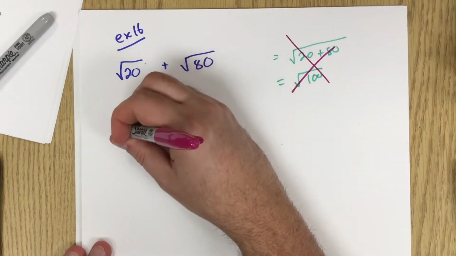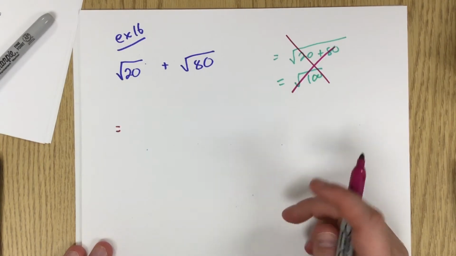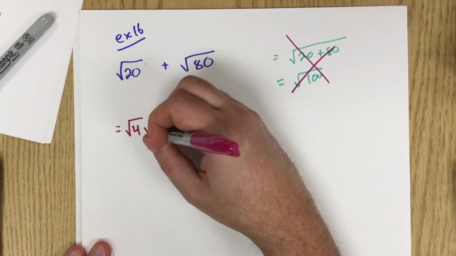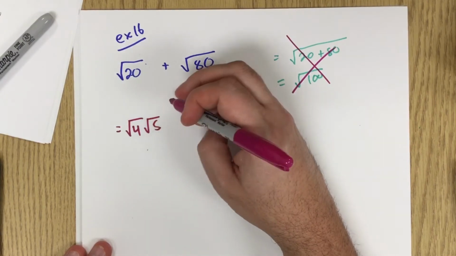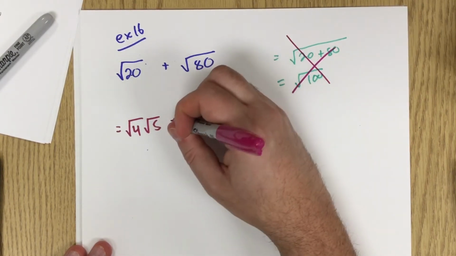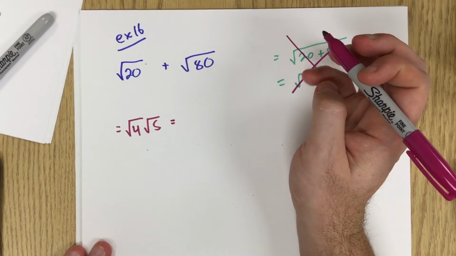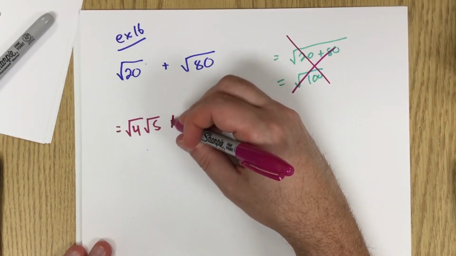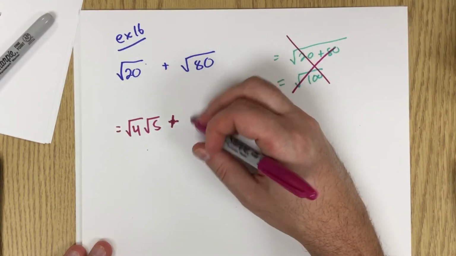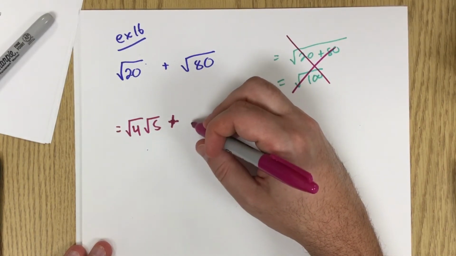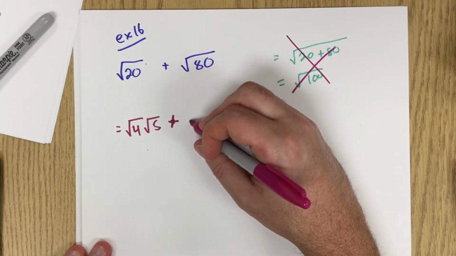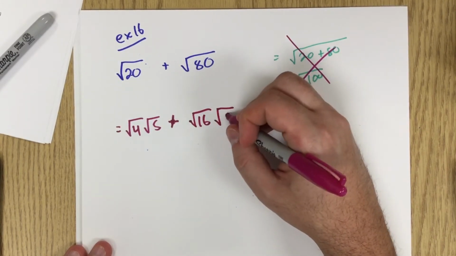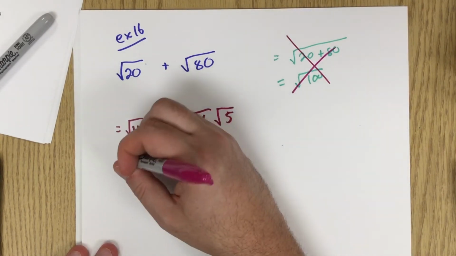We can do something though. What we could do is turn these into mixed radicals. So root 20 is going to be root 4 times root 5, and root 80 is going to be root 16 times root 5, because 16 times 5 is that.